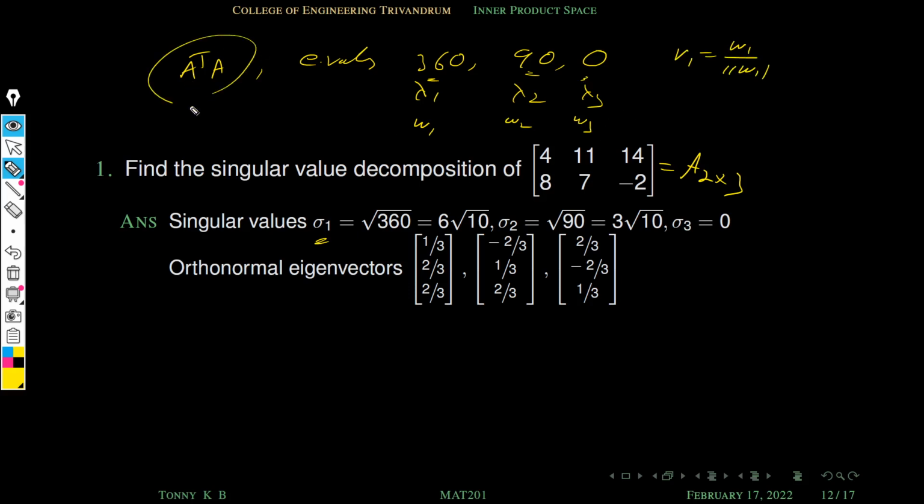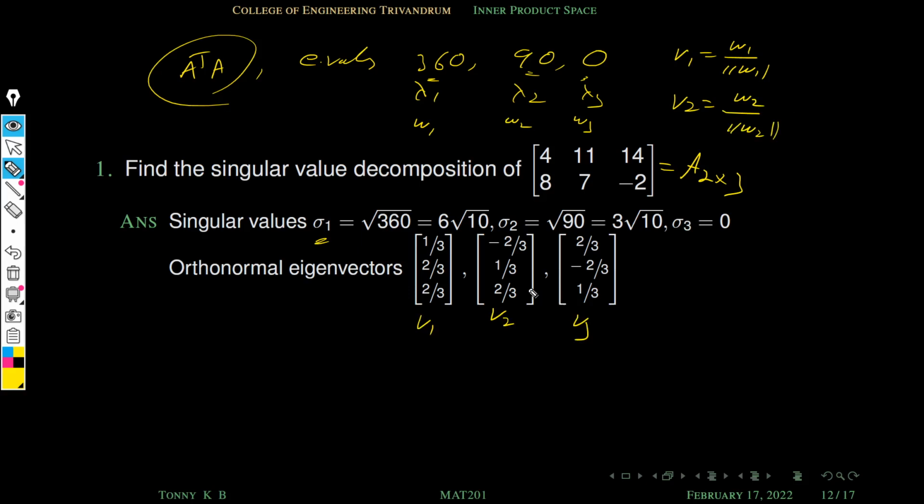Already A transpose A is symmetric, so its eigenvectors corresponding to different eigenvalues are mutually orthogonal by property. We don't bother about that part; it is automatic. Our only job is to normalize W1, W2, W3. By the normalization rule, we divide by the norm. So V2 is defined by W2 by norm W2, and so on. This is our V1, this is our V2, this is our V3.